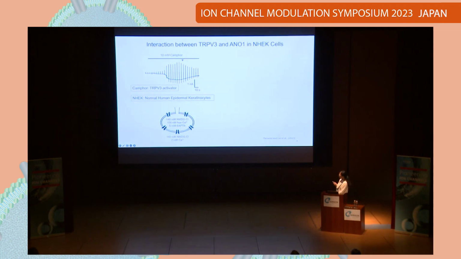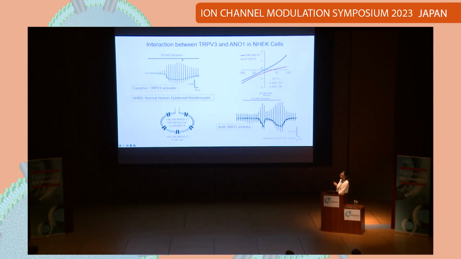Given the enrichment of TRPV3 and ANO1 in skin keratinocytes, we successfully observed the camphor-induced chloride current in the normal human epidermal keratinocyte cell line, NHEK cells. And the reversal potential was shifted to a positive value when we replaced the extracellular chloride with 4 millimolar.